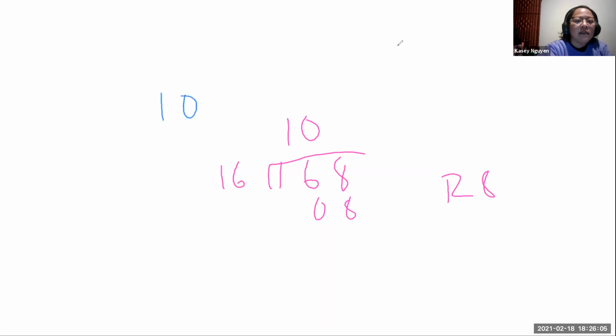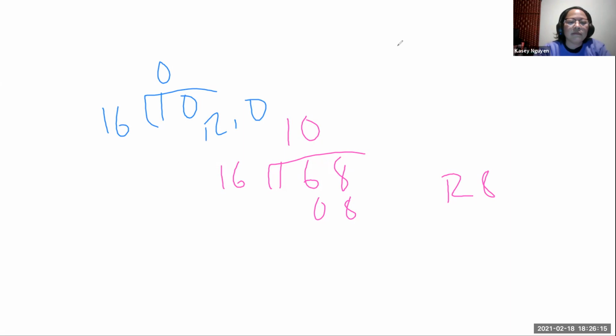So 10 divided by 16 is 0, right? With an R10. Since this is the last step, this is going to be the most significant digit. And if you want to make sure, you can check: the decimal 168, what does it look like?